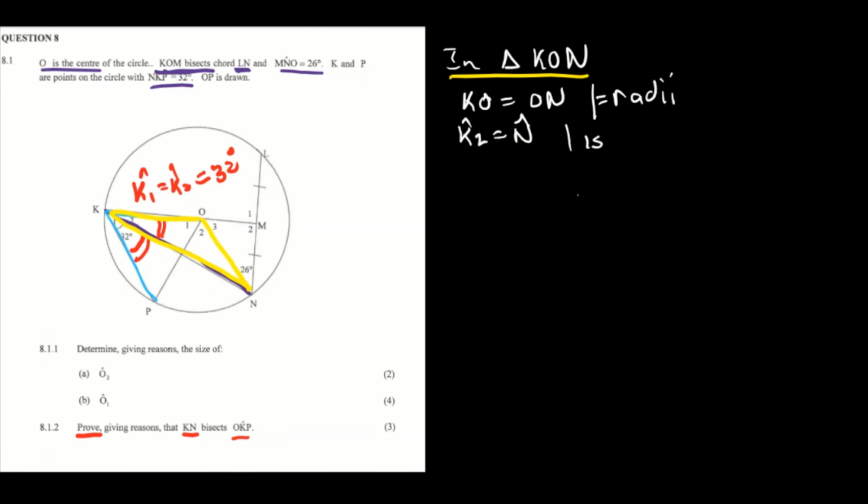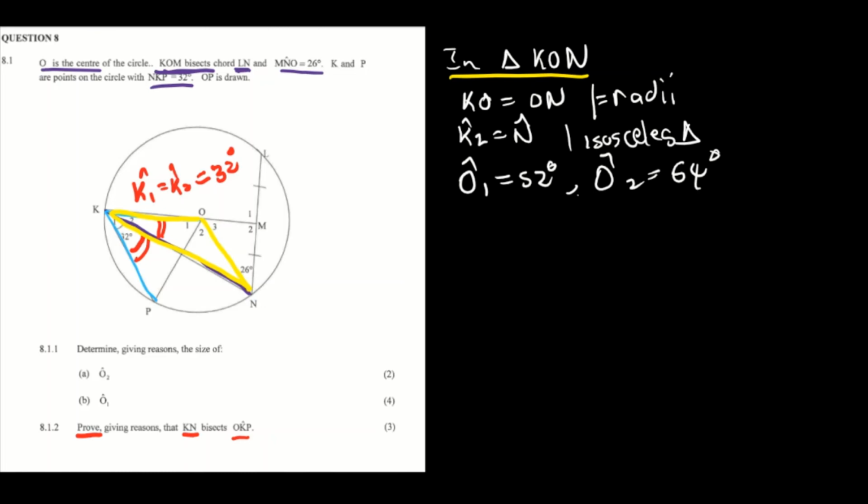Yes, that is an isosceles triangle. And we already know that O1 is given as 52 degrees from previous calculations, and angle O2 we know is equal to 64 degrees. So we can find angle K2.